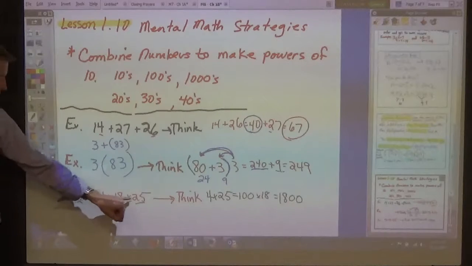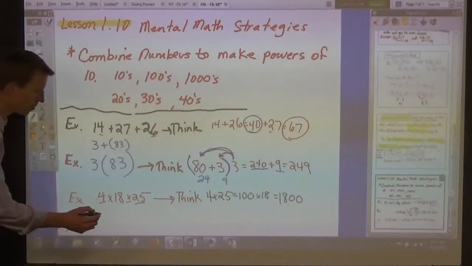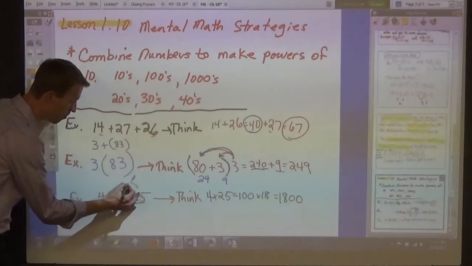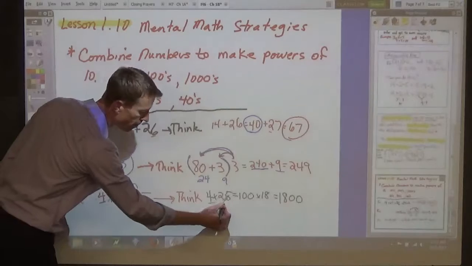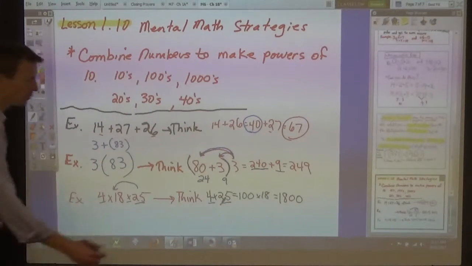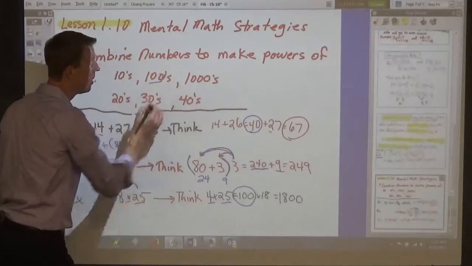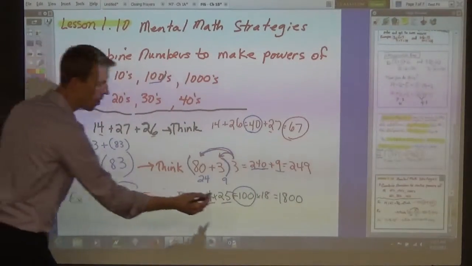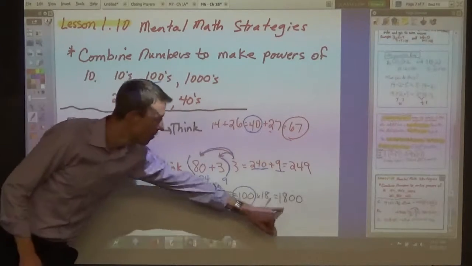And since these are all multiplication, we can use the commutative property to put the 25 first. So you can do 4 times 25. 4 times 25 is 100. Okay, now we have made 100. And then do 100 times 18, which is just 1,800.